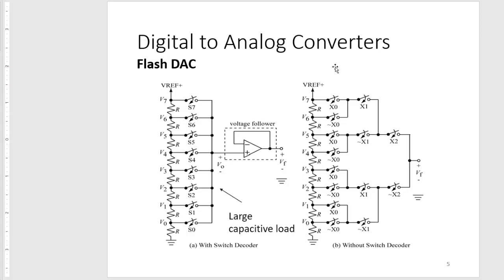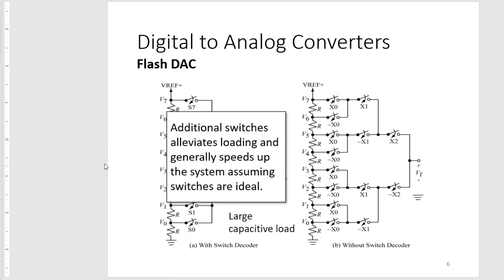You can feed your bits to the switches themselves because in this case, for this node, since the switches are connected in series, capacitances in series will not increase each other, therefore it won't be that slow anymore.